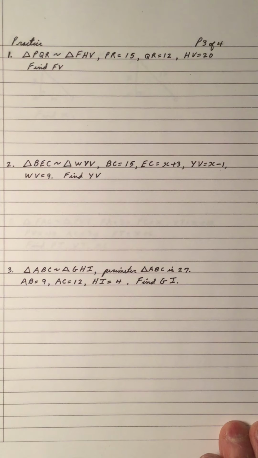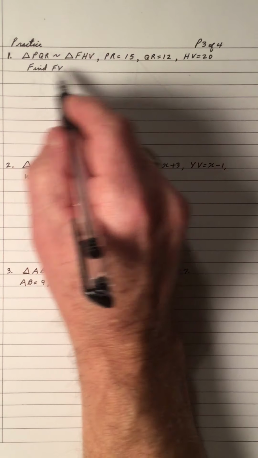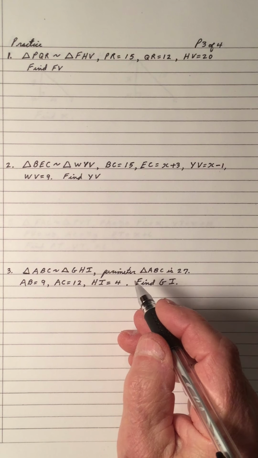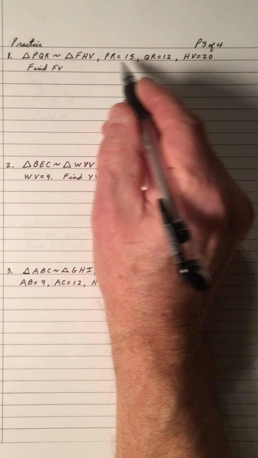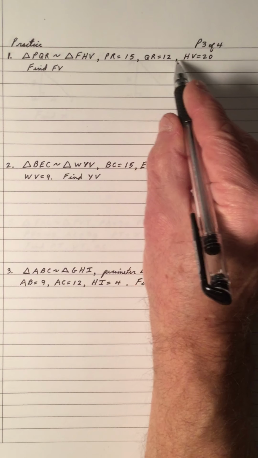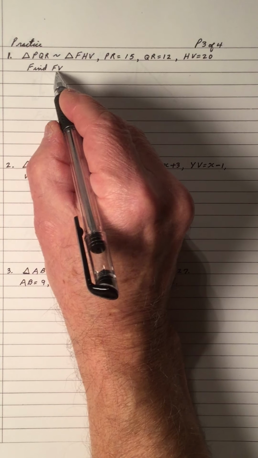Here we go, more examples. Practice means pause the video and work this out. Do each of them separately to see if you get the right answer. Here we go. PQR is similar to FHV. Then PR is 15, QR is 12, HV is 20. Find FV.